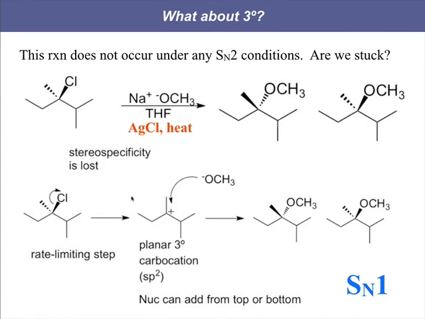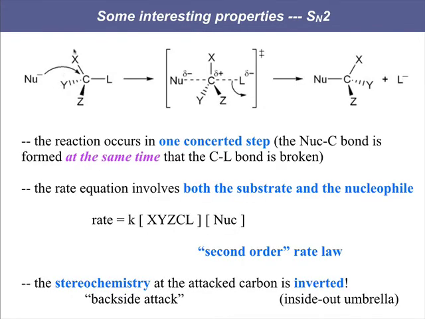So there's motivation for that chlorine to leave. In an SN2, let's go back to SN2 for a minute. In SN2, if X, Y, and Z were hydrogens, and that leaving group were to leave on its own, we would get a methyl carbocation, which is very unstable.